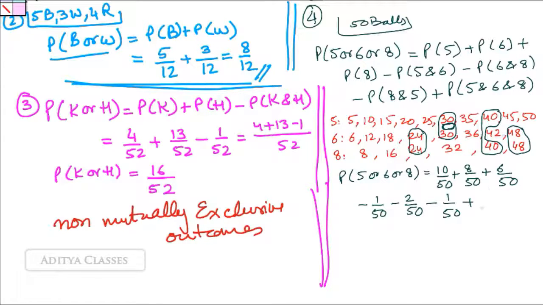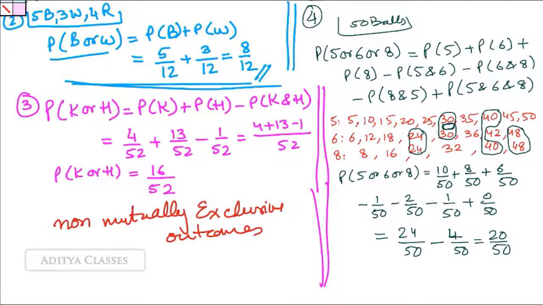There are no numbers which are common to all, so that will be 0 out of 50. So what will be our final answer? 10 plus 8, 18 plus 6, 24 by 50. And subtraction terms will be 2, 3 and 4 out of 50, making it 20 out of 50.